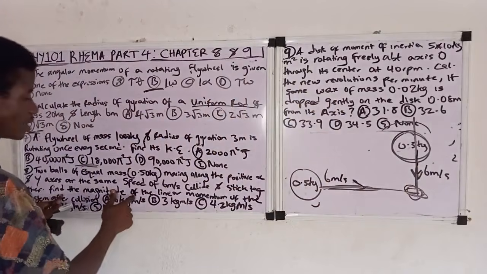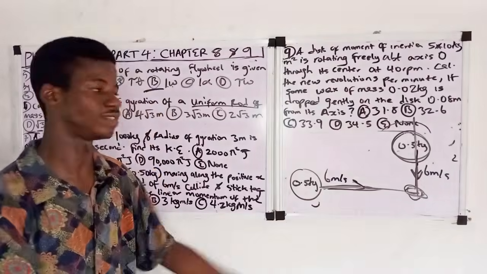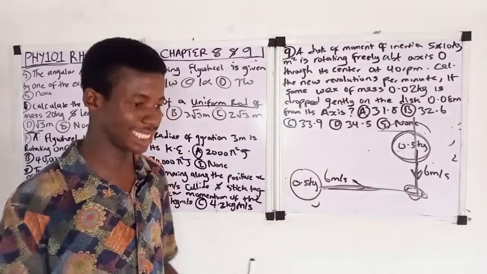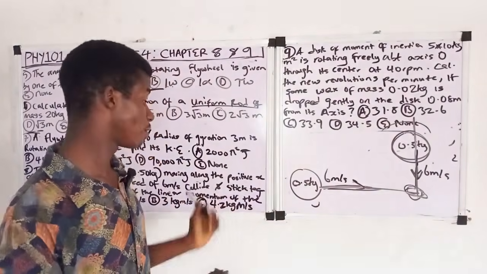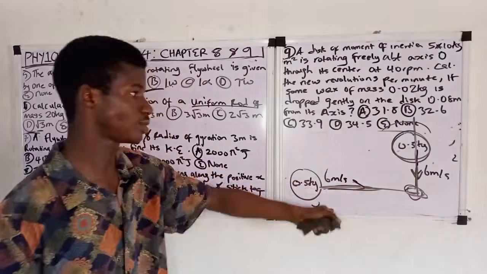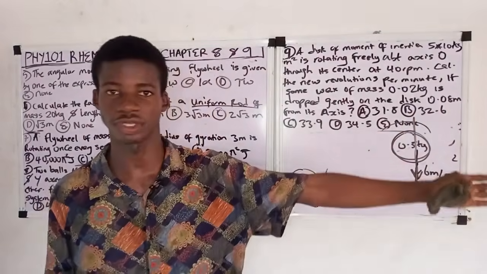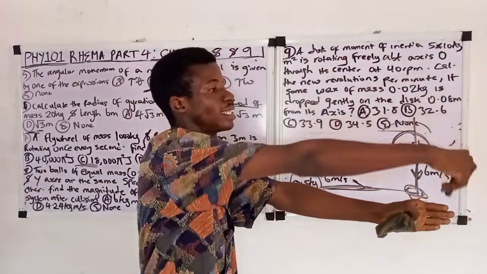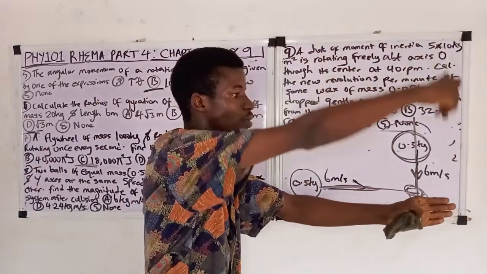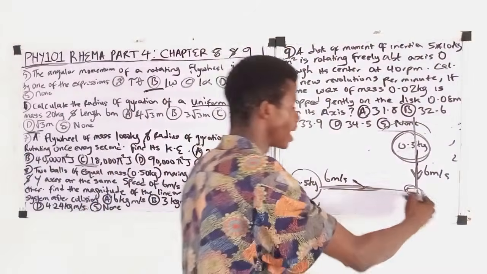They say find the magnitude of the linear momentum. So they're asking us to look at the momentum. It's very easy. If you look at the narration of the question, one of the balls is going towards the positive X, and the other one is moving along the positive Y. They collide at one particular point.